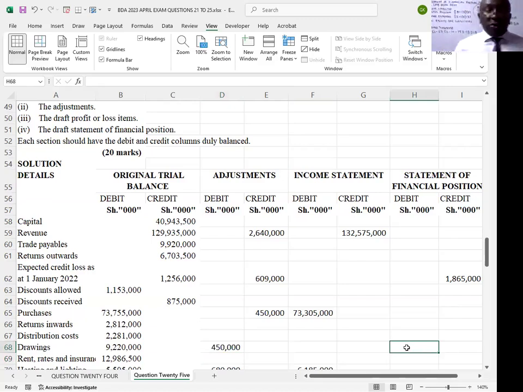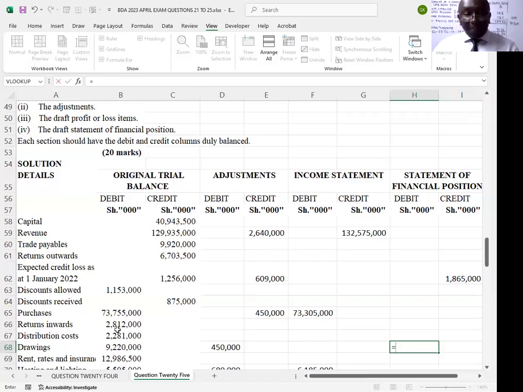Now, this one does not go to the income statement. Drawings do not go to the income statement because they serve to reduce capital. Drawings reduce capital. So you're supposed to debit them so that eventually they will be used to reduce capital, which is a credit balance. So we say equals these initial drawings plus this one.